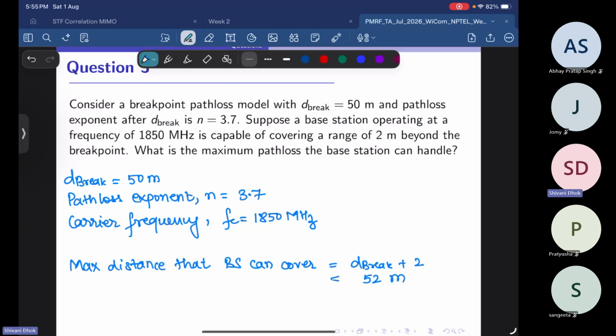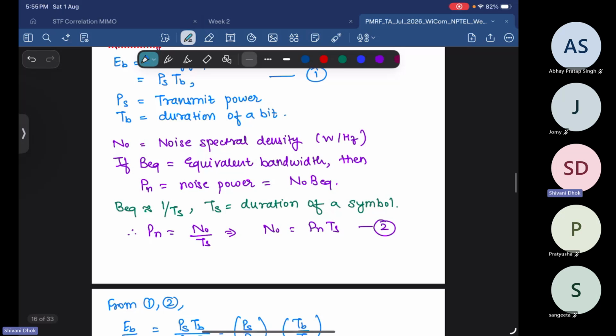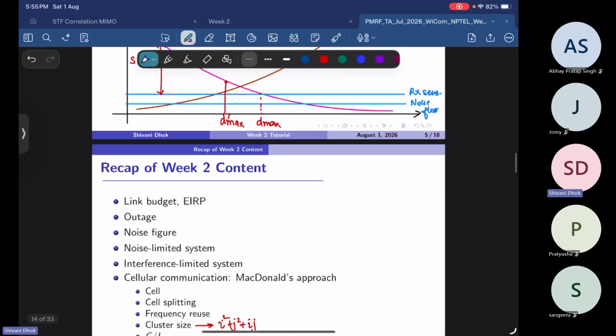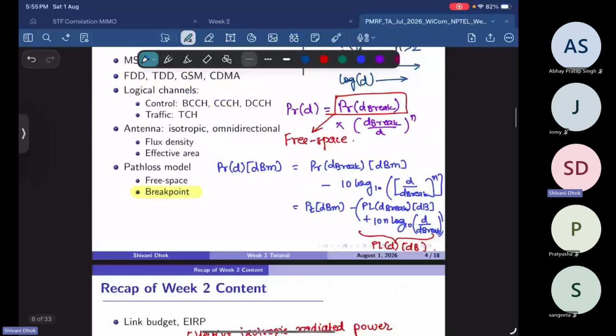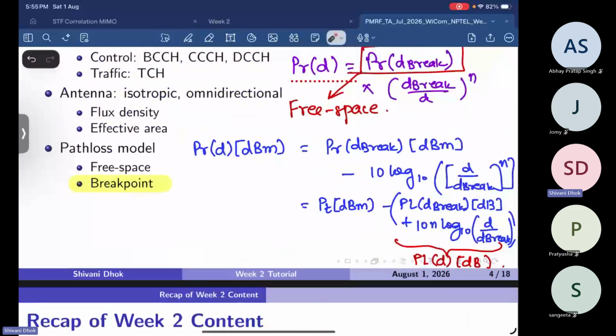What is the maximum path loss the base station can handle? So how does the path loss look? If you go back to our revision, for a breakpoint model, the path loss in dB is equal to the path loss at d break plus 10n log to the base 10 d by d break.